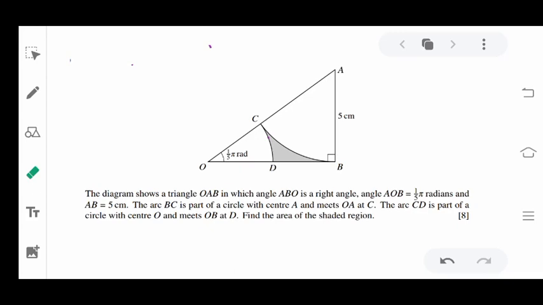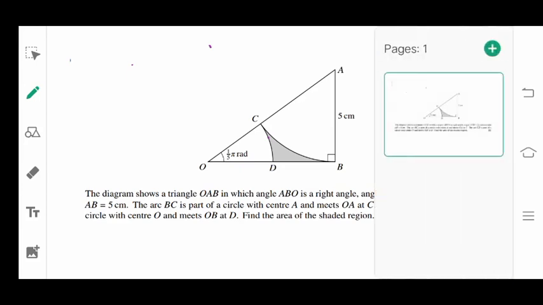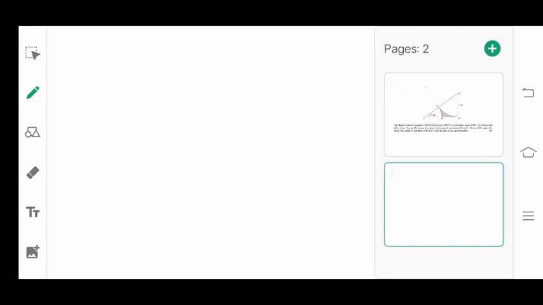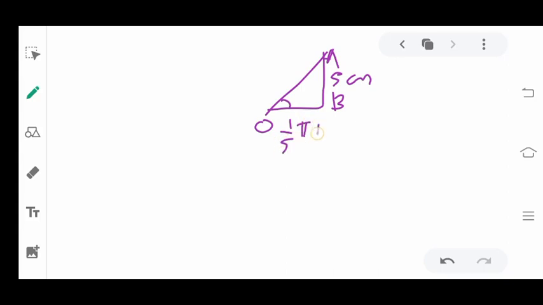Okay, now when we think about the area of triangle ABO, AB is given as 5 centimeter and angle O is given as 1 by 5 pi radian.